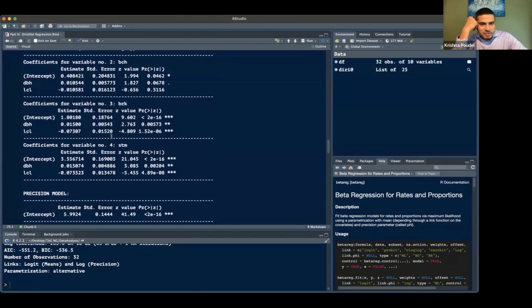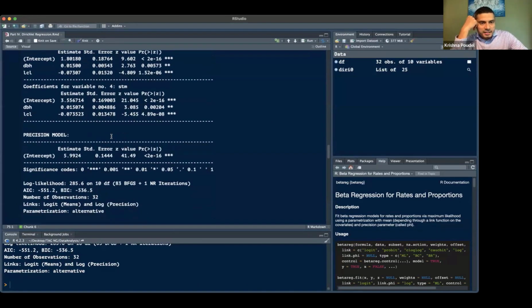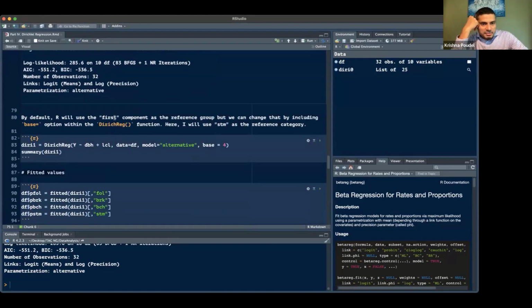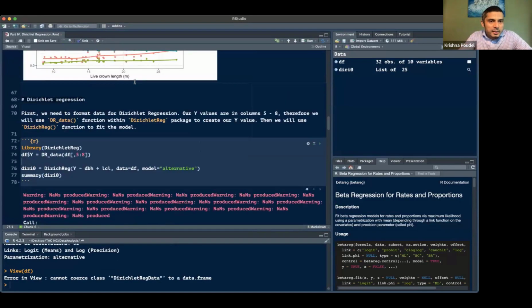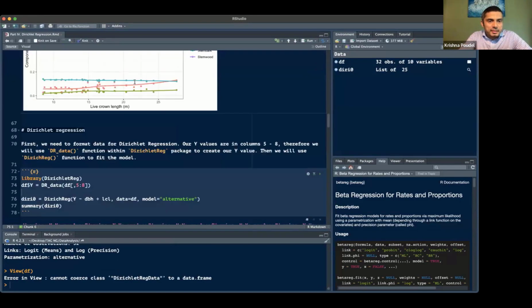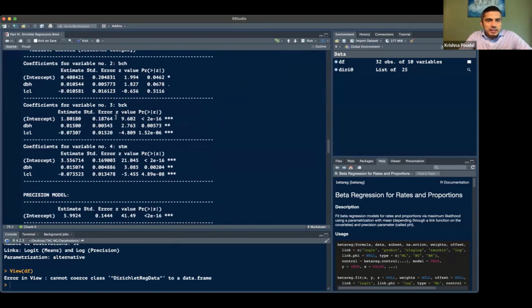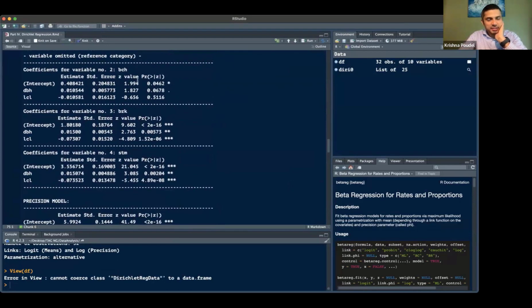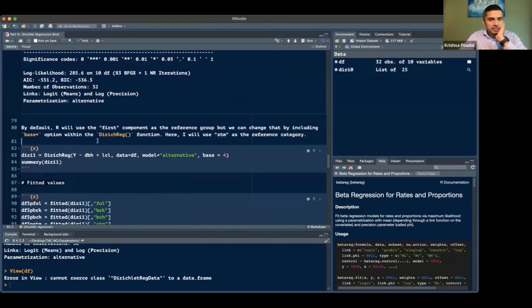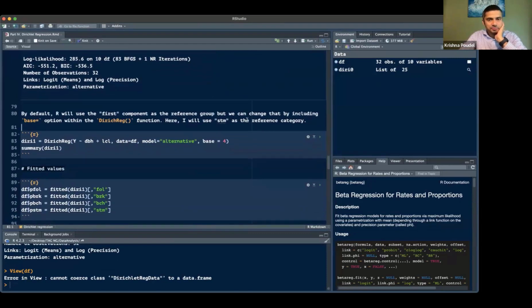By default, R uses the first appearing component as the base or reference group, but we can change that using the base option inside that Dirichlet function.